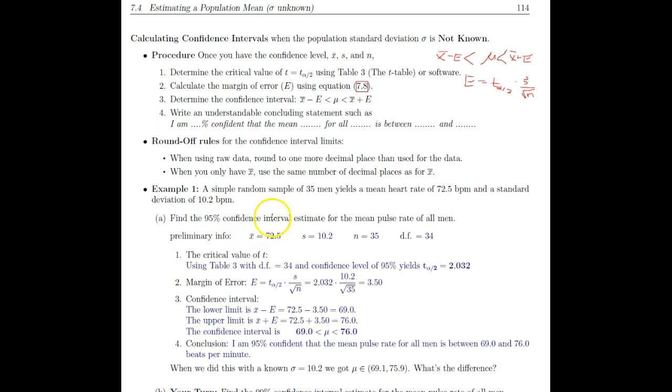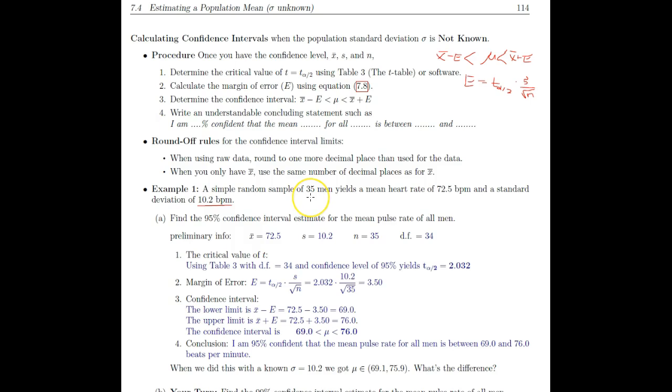Okay, example 1. A simple random sample of 35 men yields a mean heart rate of 72 beats per minute and a standard deviation of 10.2. So first, this standard deviation, the wording of the problem, does it infer or imply that this 10.2 is a population standard deviation or sample standard deviation?